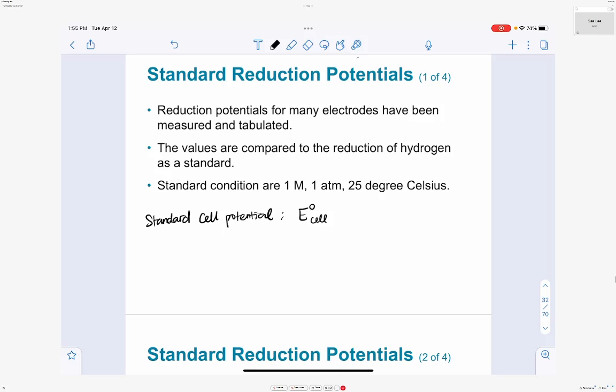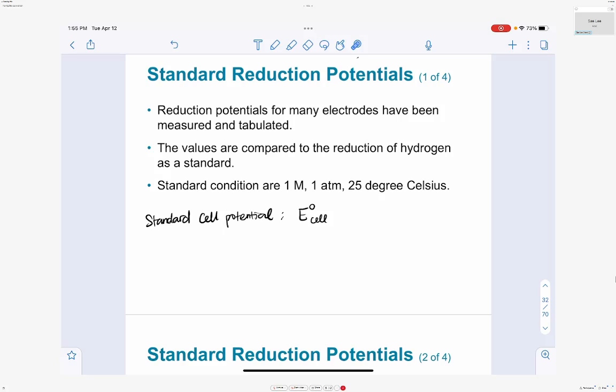Again, what's a standard condition? Standard conditions are 1 molar, 1 atmosphere pressure, 25 degrees Celsius. The standard cell potential of a voltaic cell depends on what you have on the cathode and anode. Of course, a different combination of cathode and anode will generate different cell potentials.